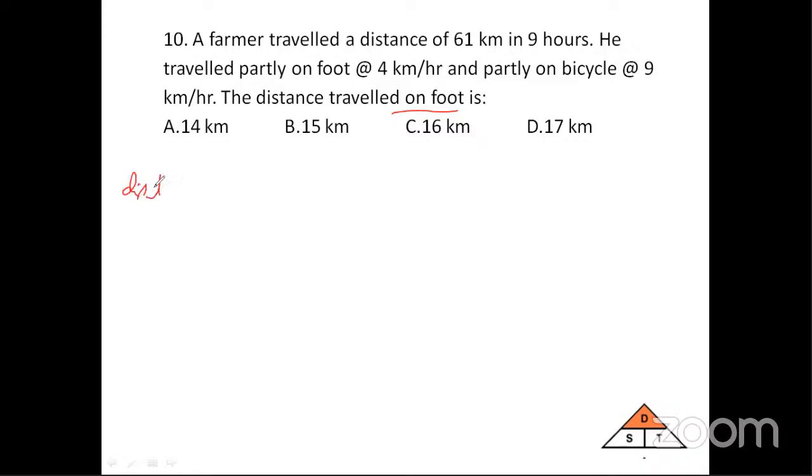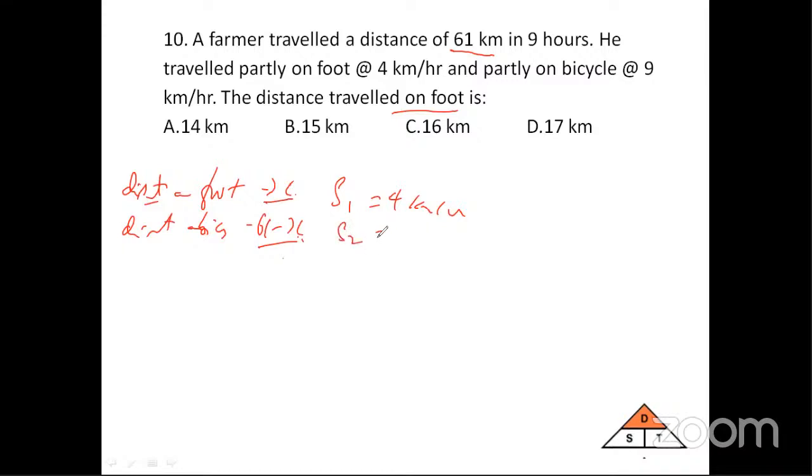Speed on foot, S1, is given as 4 kilometers per hour. Same way, distance on bicycle we don't know, but total distance is 61. Bicycle distance will be 61 minus x, because if you add these two, we should get 61. Now the speed on bicycle, S2, is 9 kilometers per hour.